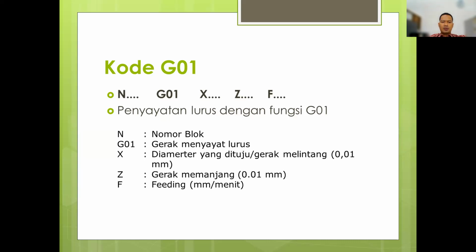So we can put N as the number of the block or number of programming, and G01 is the movement with feeding. So you can see here there is F. This is the feed in millimeter per minute. And X is the final diameter, and Z is the linear movement.